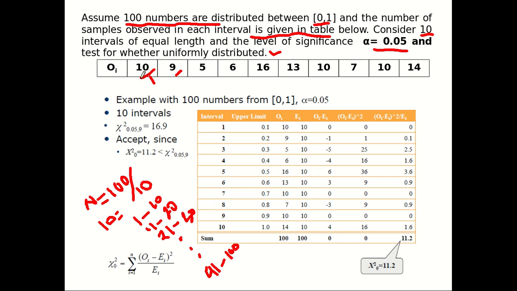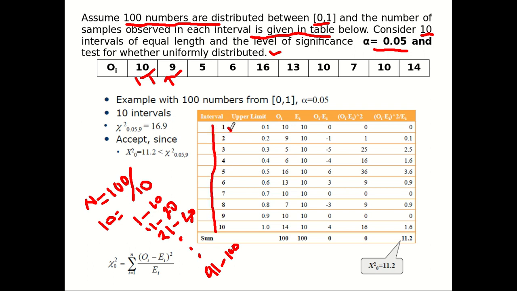In the first interval they have observed 10 values. In the second interval, how many values are falling? 9, but what is expected? 10. So we will write down the intervals in this manner.